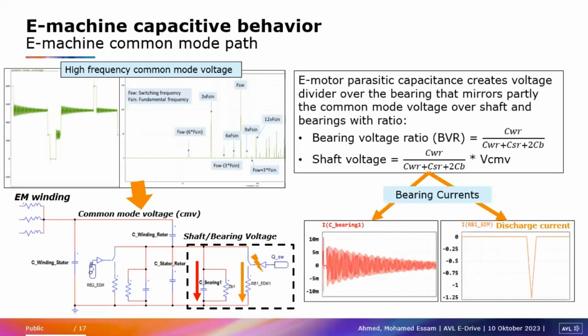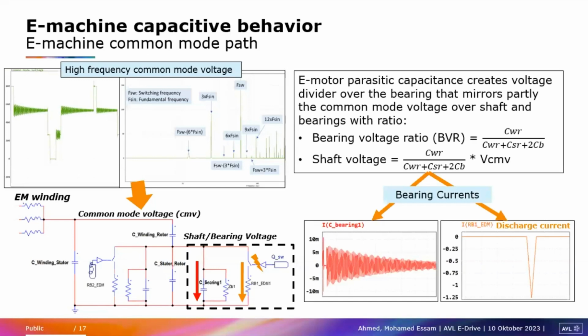So basically, the common mode voltage will be mirrored over the shaft or the bearing, mainly through the winding to rotor cap and the stator to rotor cap capacitance, by this voltage divider. With a simple impedance or voltage divider calculation, you can get that the shaft voltage or bearing voltage would have this ratio of the capacitance of winding to rotor and the summation of all these caps.